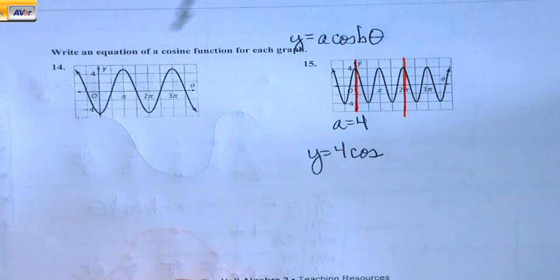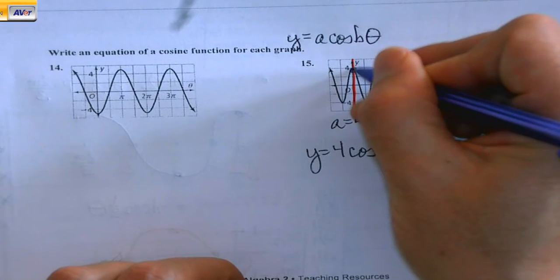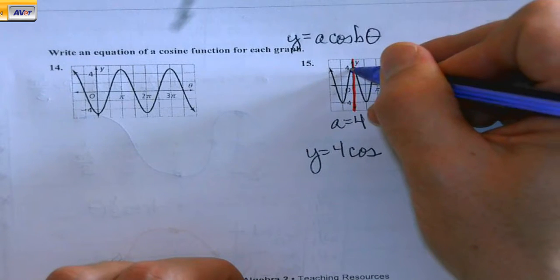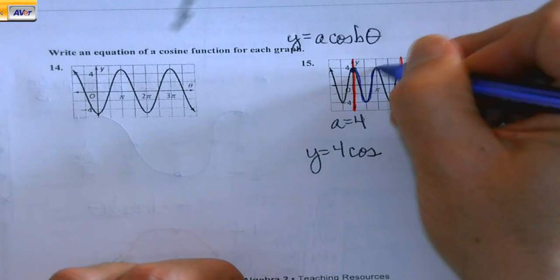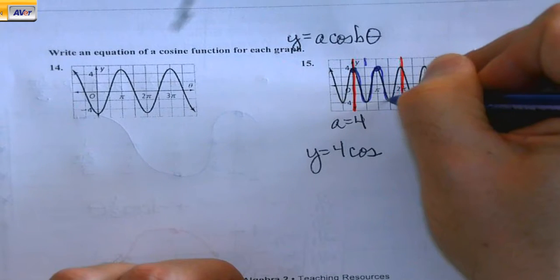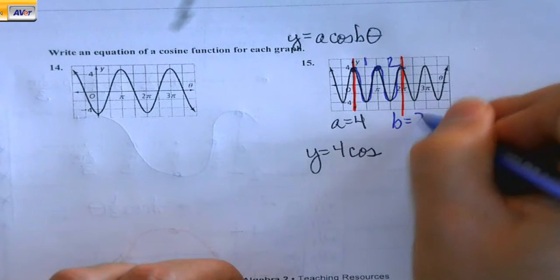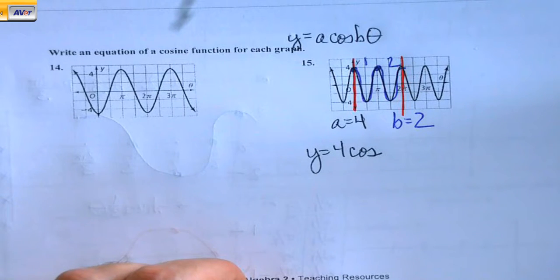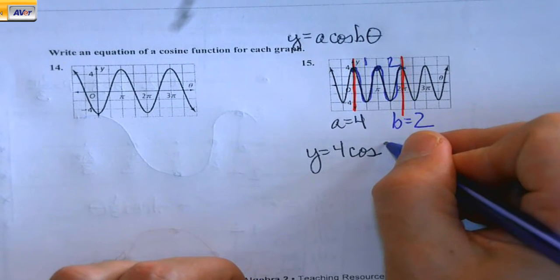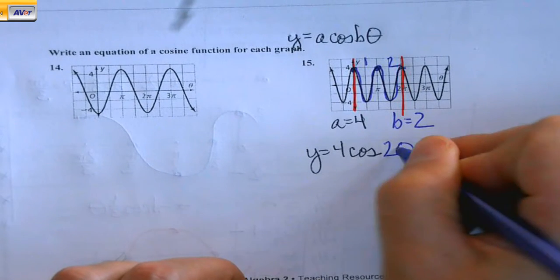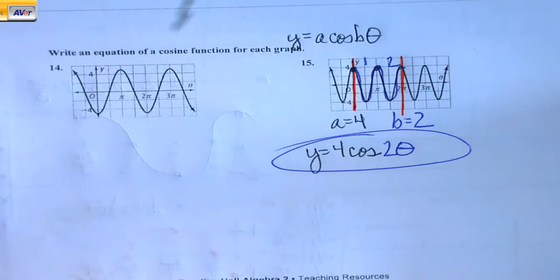And how many cycles, how many times does the pattern complete within there? So I'm like, all right, let's see. 1, 2. B value is 2. Not hard, just have to think about it for a minute. Because we're not looking for the period, we're just looking for B.